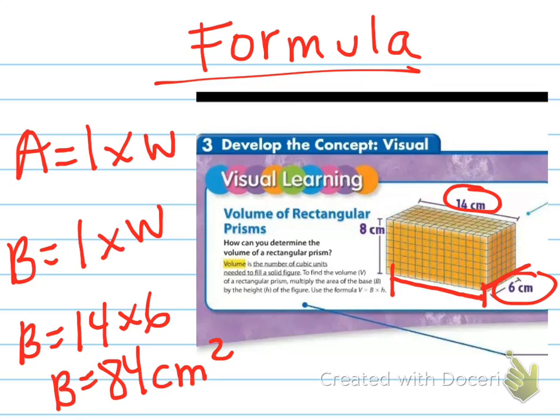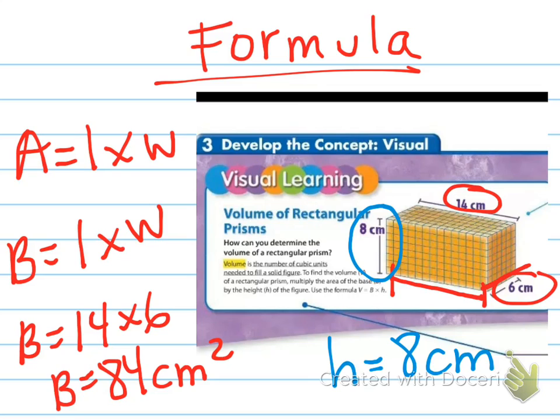So far so good. Now we have to find the height. The height of the rectangular prism is this one here. What measurement is that? 8 centimeters.